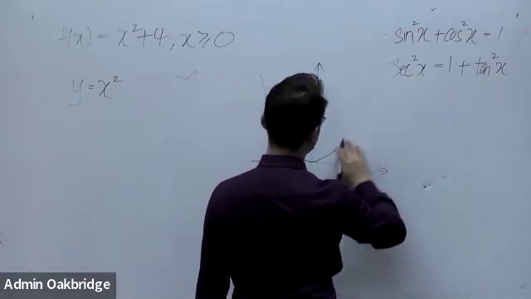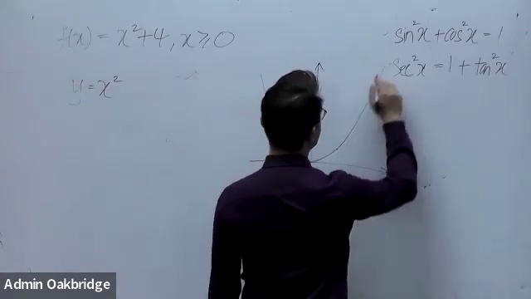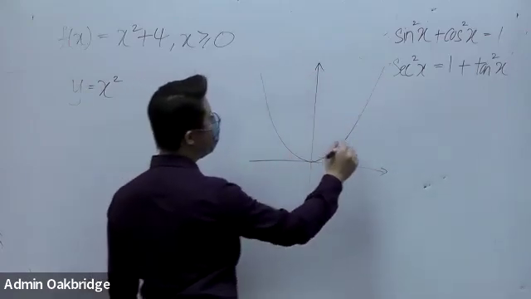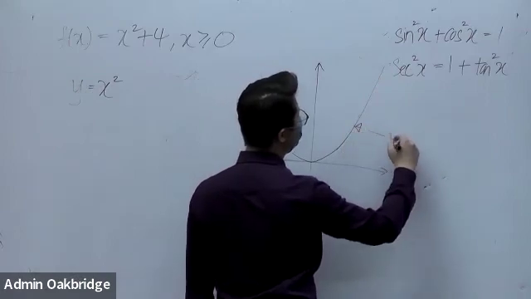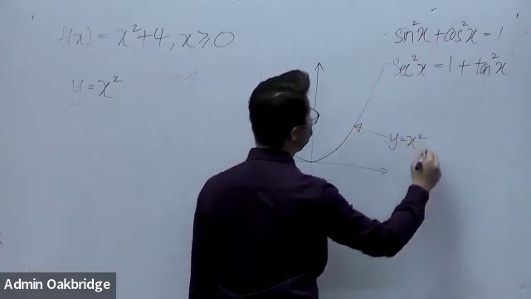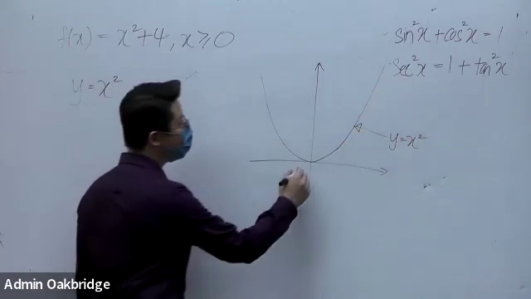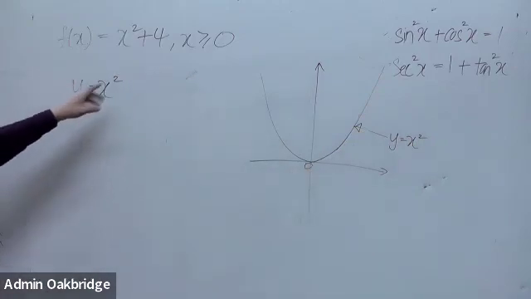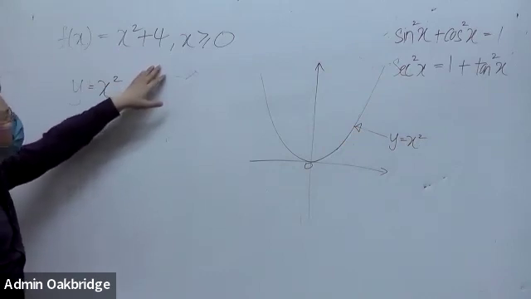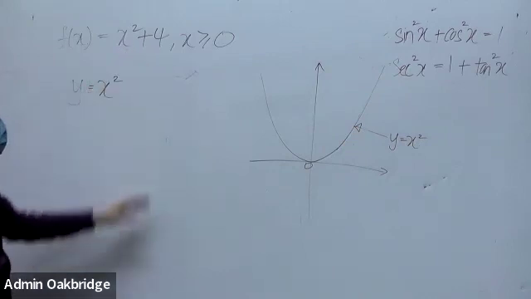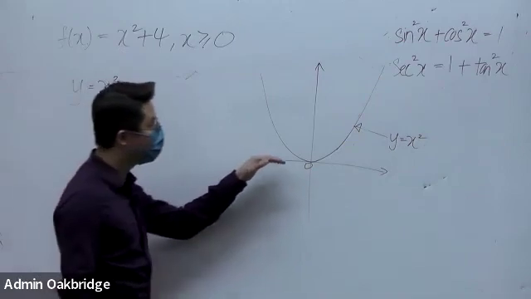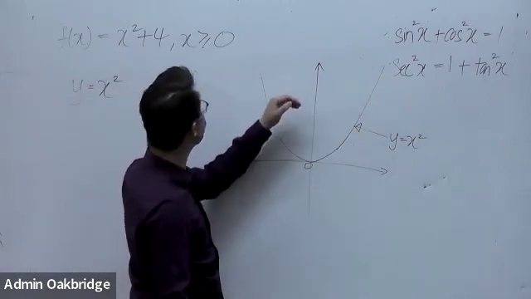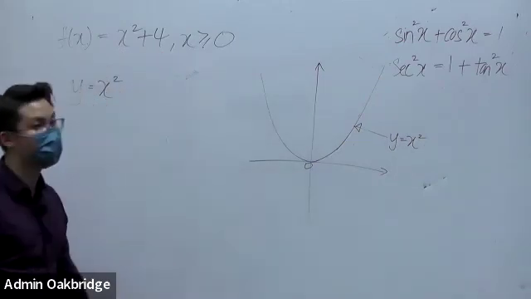A U shape. So this is for y equals x squared, with the origin. But what we want here is x squared plus 4. If you have the constant at the back, it means you need to shift the graph upwards by how many units? 4 units.